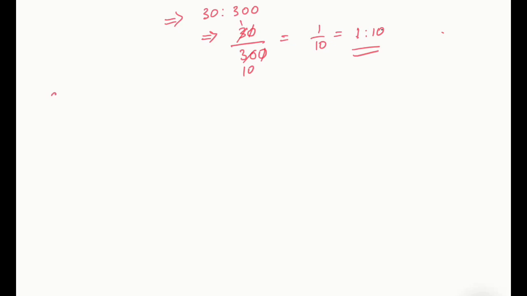Now let us start with our 8th question. Look at question number 8. Rohit goes to school by car at 60 km per hour. So speed taken by Rohit equals 60 km per hour.